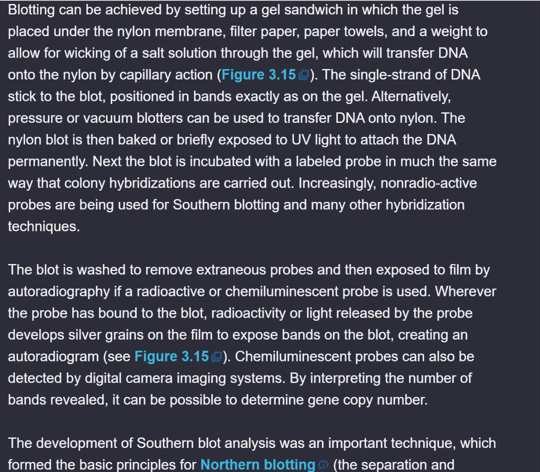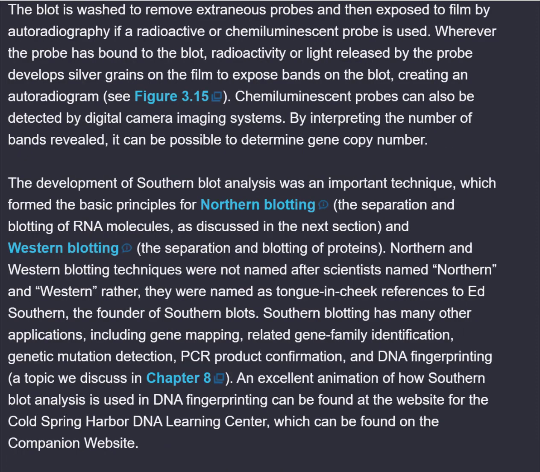Alternatively, pressure or vacuum blotters can be used to transfer DNA onto nylon. The nylon blot is then baked or briefly exposed to UV light to attach the DNA permanently. Next, the blot is incubated with a labeled probe in much the same way that colony hybridizations are carried out. Increasingly, non-radioactive probes are being used for Southern blotting and many other hybridization techniques.